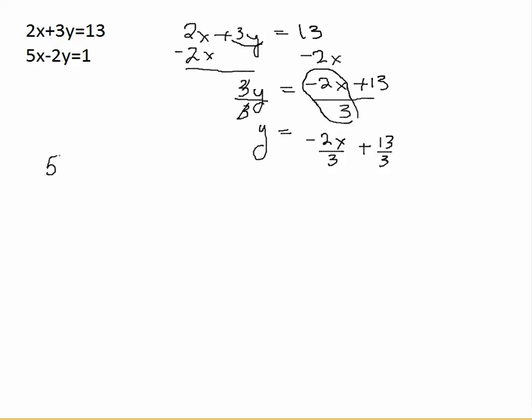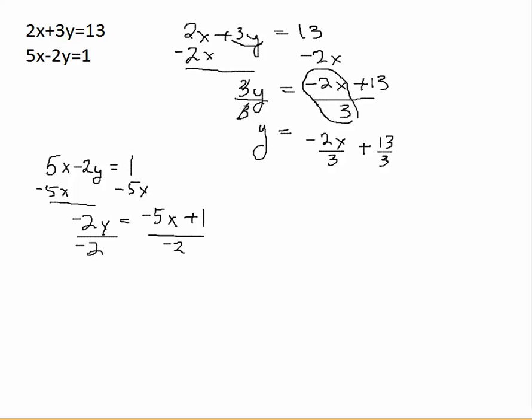We have 5x minus 2y is equal to 1. Exactly the same process. We subtract 5x from both sides. That leaves us with negative 2y is equal to negative 5x plus 1. Now we divide both sides by negative 2. The negative 2's cancel.